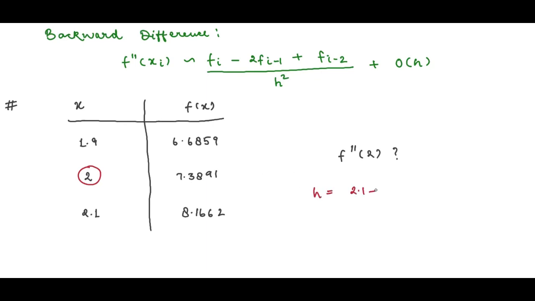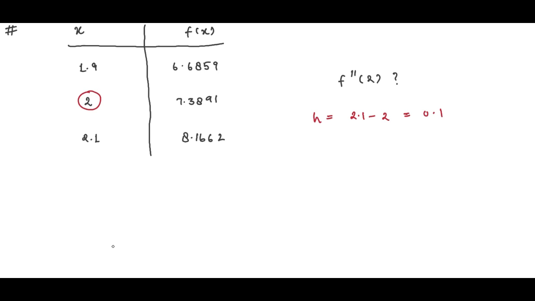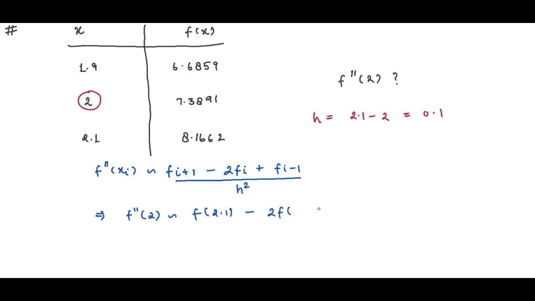Firstly, we have h as 2.1 minus 2, which is 0.1. So our formula becomes f double dash xi approximately (fi plus 1 minus twice of fi plus fi minus 1) divided by h square. Therefore, f double dash 2 is f of 2.1 minus twice of f2 plus f at 1.9, divided by 0.1 whole square.